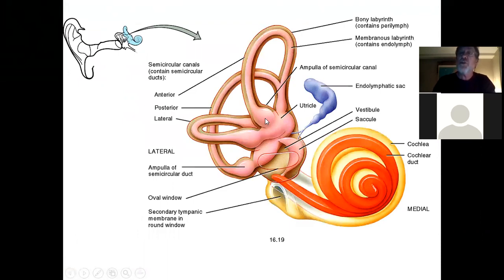And what's the purpose of these 3 semicircular canals? Well, they locate where your head is in space, because your head can swivel on any angle. Unlike an elbow, it's not a hinge joint. Your head can go sideways, forward and back, any which way. So your semicircular canals help you detect where your head is in space.